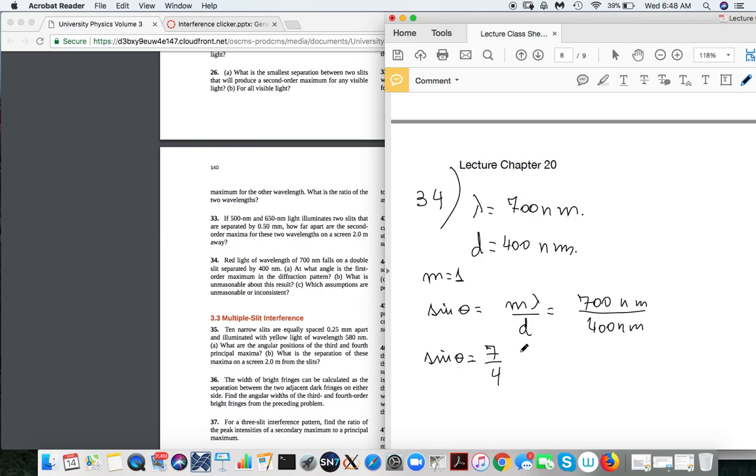Something is weird. You can't have that. Sine has to be less than 1.